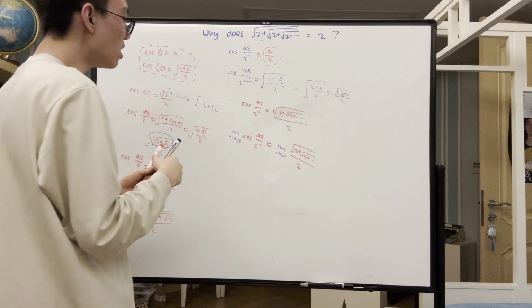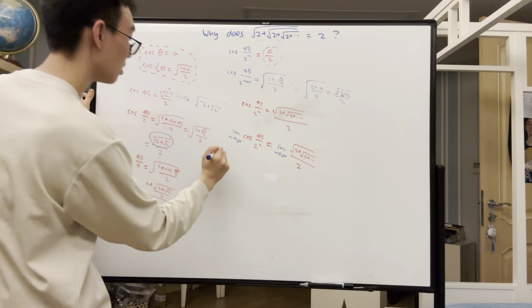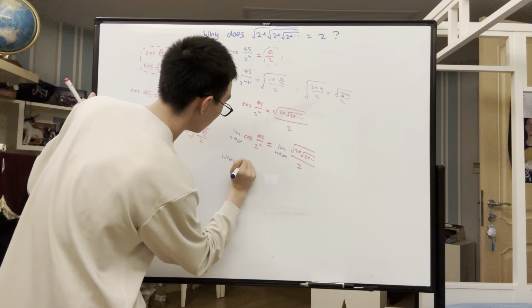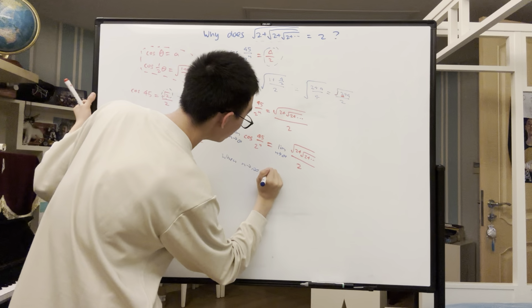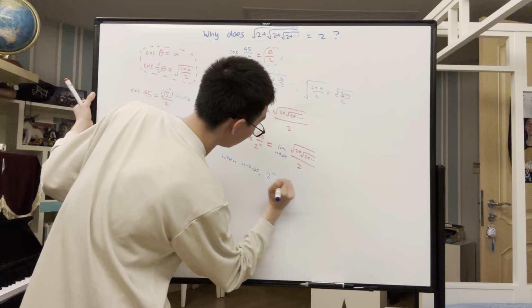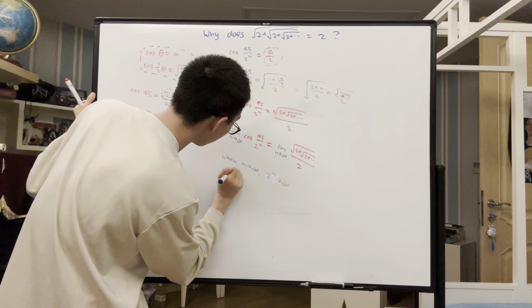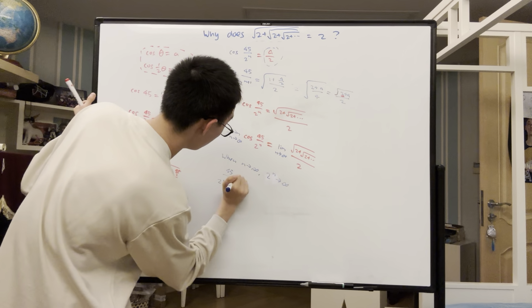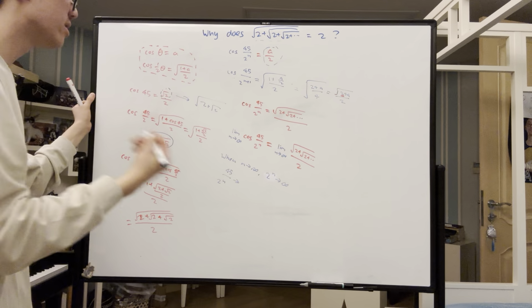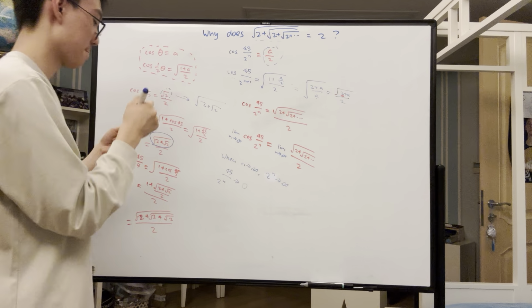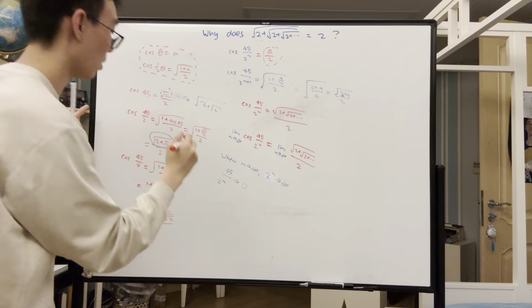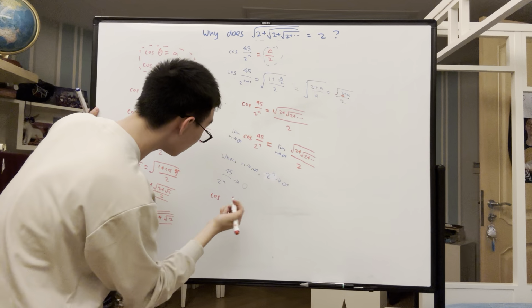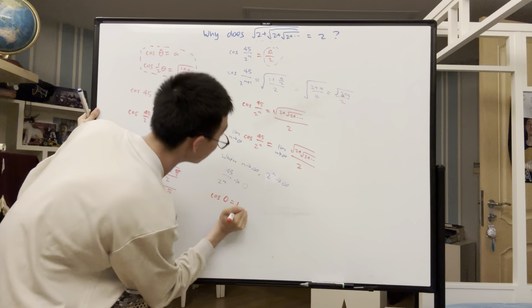So when n approaches infinity, 2 to the n also approaches infinity. So 45 over 2 to the n will approach what number? This will approach 0. And then cosine 0, cosine of something that approaches 0 is going to be 1.